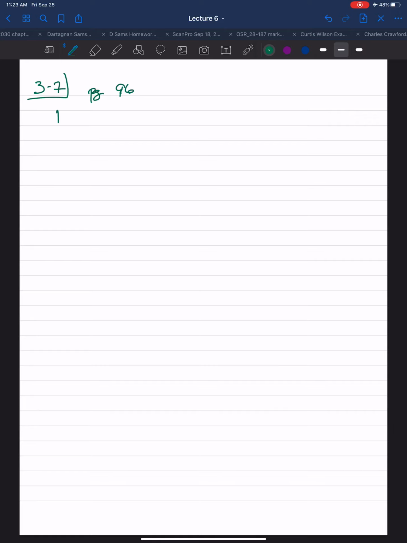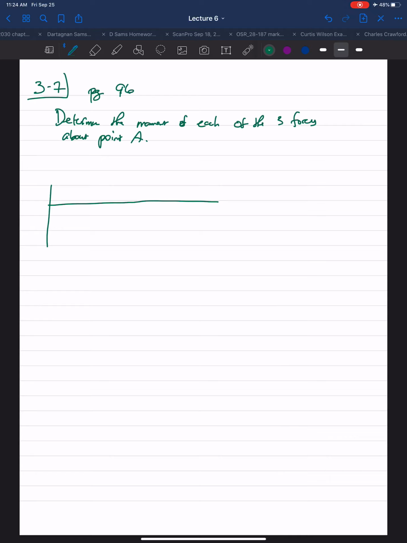Here they want to determine the moment of each of the three forces about point A. Point A being up here.